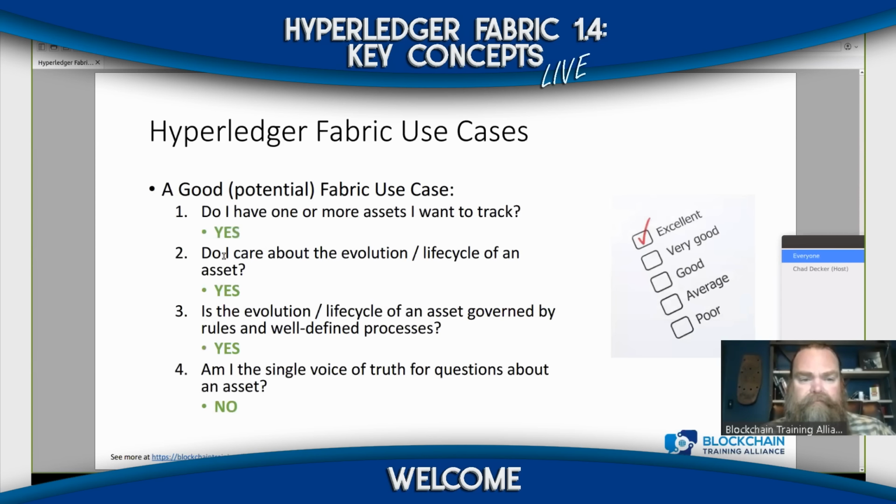Great. Do you care about the life cycle of that asset? Do you care about being able to tell the story about your coffee? Or do you just need to know the current state? And they said, no, the story is very important.